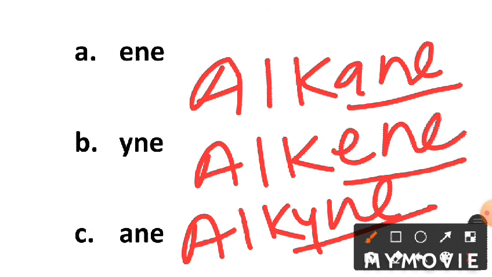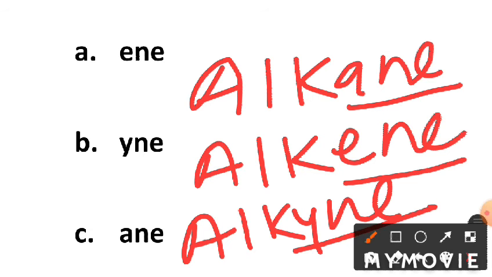In alkene double bonds occur, and in alkyne a triple bond remains. So the suffix is very clear, and we have to understand which is the correct option.